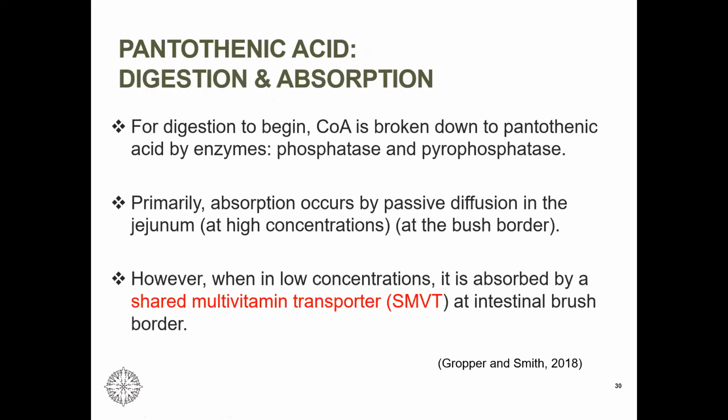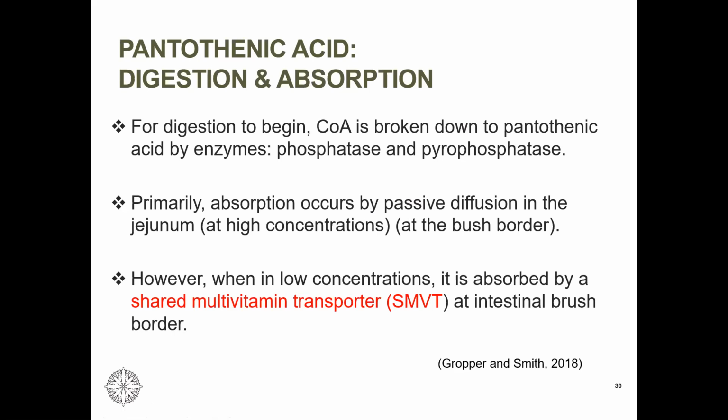Its digestion is simpler. Again, we need to separate it from its food component, and again we have similar enzymes, phosphatases and pyrophosphatases. Mostly we absorb it by passive diffusion at high concentration at the brush border. But when it is in low concentration, it uses what we know as the shared multivitamin transporter, SMVT.